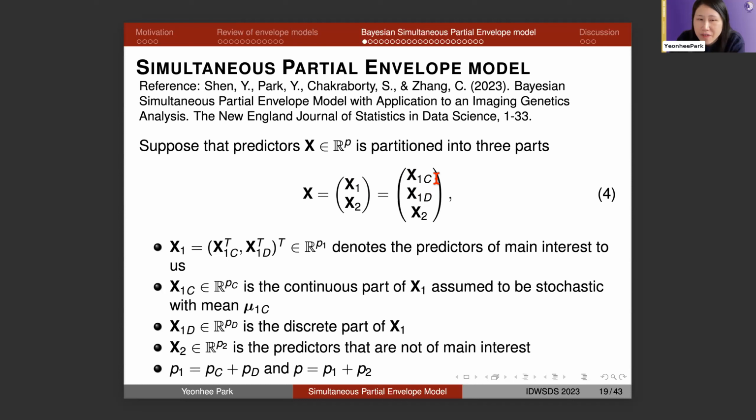X1C is a vector of continuous predictors we are interested in, and X1D is a vector of discrete or categorical predictors we are interested in. We assume that X1C is stochastic, while X1D and X2 are assumed to be non-stochastic.